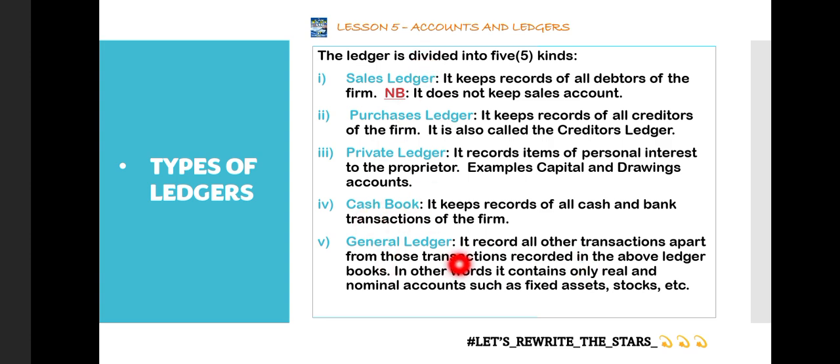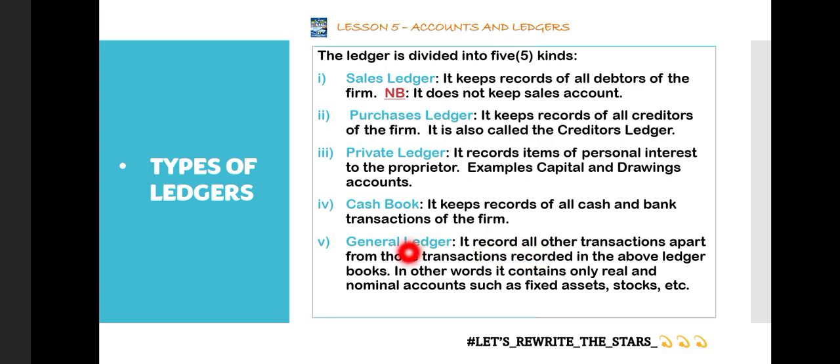So the sales ledger records those who are owing us. Purchases ledger records those we are owing. Private ledger records all things relating to the owner. Cash book records all bank and cash accounts. So anything apart from the four mentioned here goes into the general ledger.